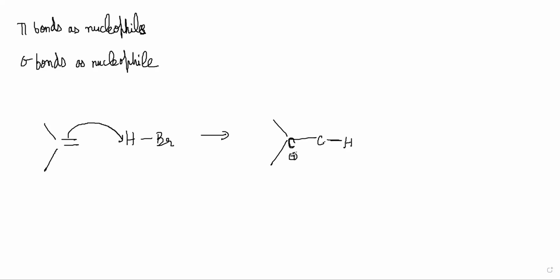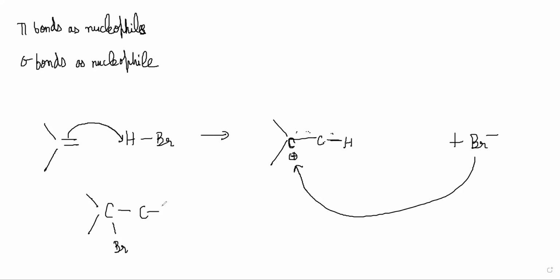This carbon ends up having a plus because it lost both of its electrons, right? And this carbon still retains one here, right? For this carbon, there is no problem. It gave away the one from here but got back one here, right? And then there is a Br minus, and this Br minus comes and attacks here, right? Because negative will be attracted to this positive, and you'll end up getting a C-Br and C-H, something like this, right?